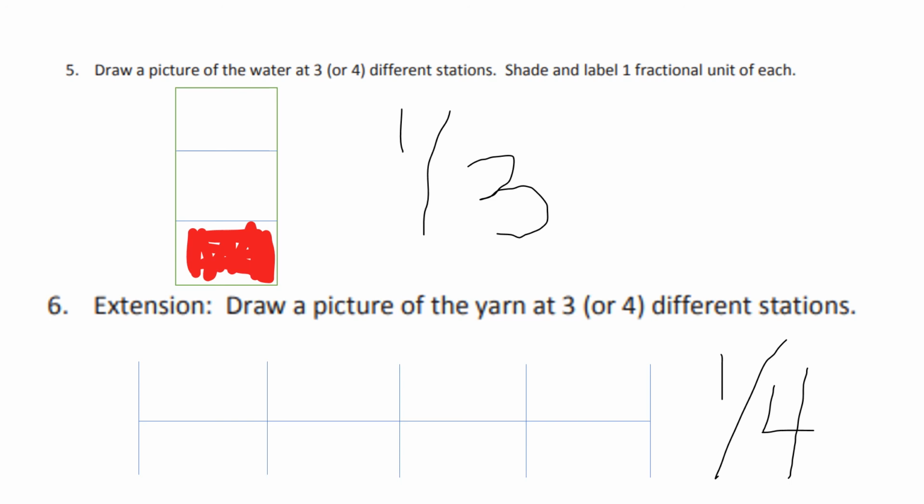It is cut into 4 pieces, and I labeled it 1/4. And now, if I didn't want to have these end piece lines on, I don't need to have them. So these technically do not need to be here, but they can be there. Just make sure, however you do it, you still have 4 pieces. You need 1, 2, 3, 4.